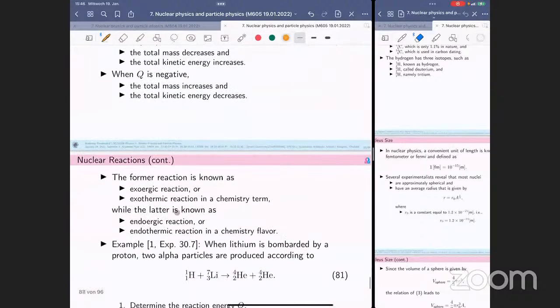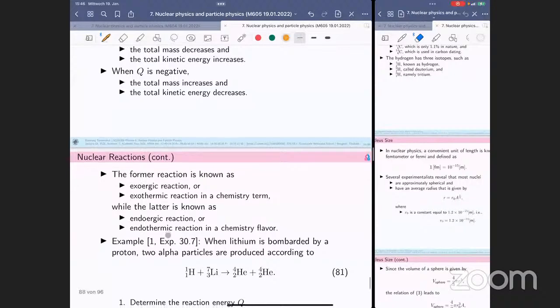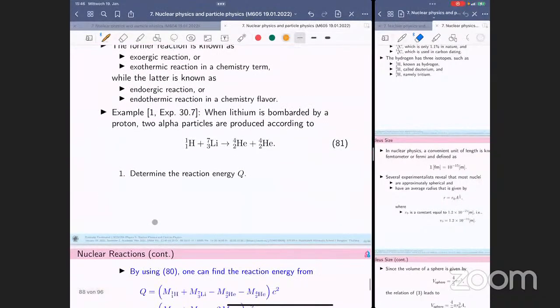The words in physics and chemistry are a little bit different, but very close to each other. Exoergic for positive Q, endoergic for negative Q. In chemistry, it is an exothermic reaction for positive Q, and an endothermic reaction for negative Q. Now we arrive at the first example.